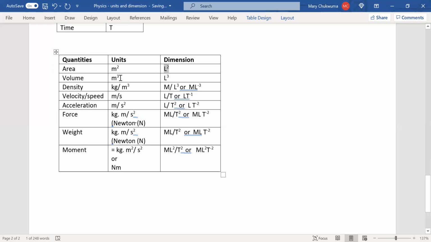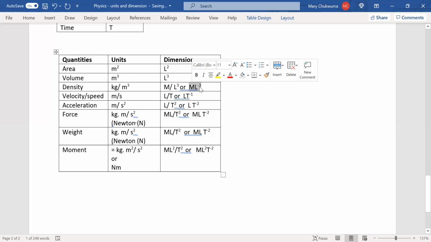So volume is also multiplication of three lengths. So you have it as L cubed. So density is mass over volume. So this is the mass divided by the volume. Okay, so you have it this way. You can also express it in linear form.